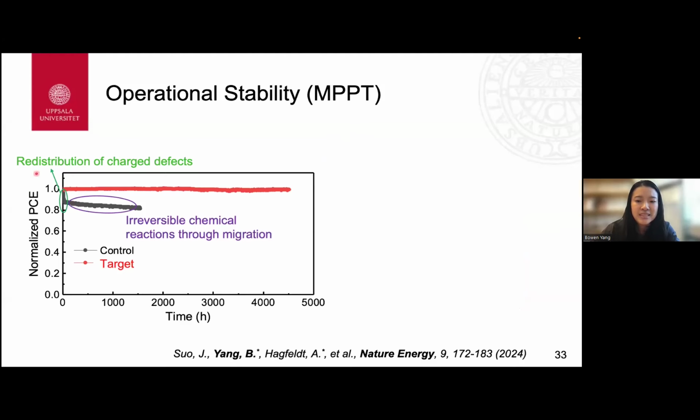So in this case, the degradation process induced by defects has been inhibited due to the passivation effect of the surface treatment. And the ion migration-induced degradation process has also been prevented. So this combined effect enabled the excellent stability of the passivated device.